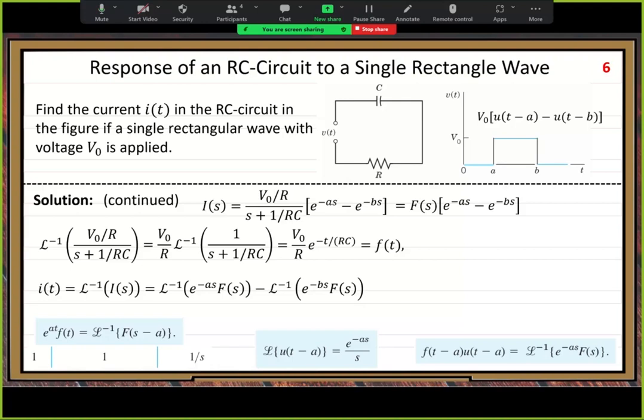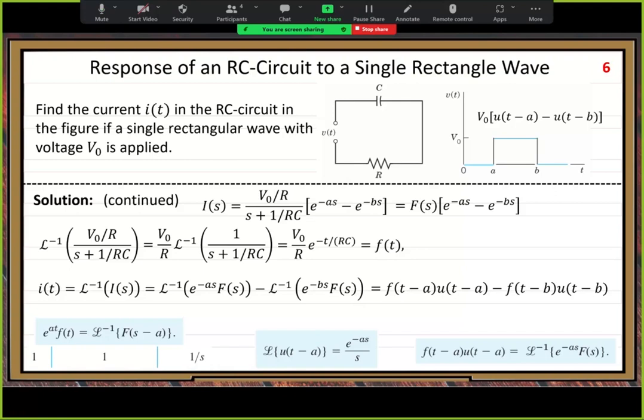Little f, then you replace t by t minus a. The second term, replace t by t minus b.